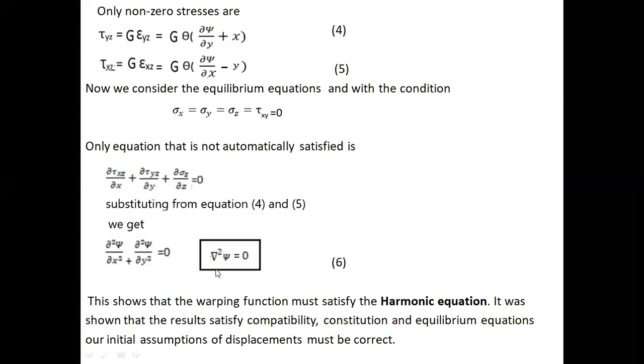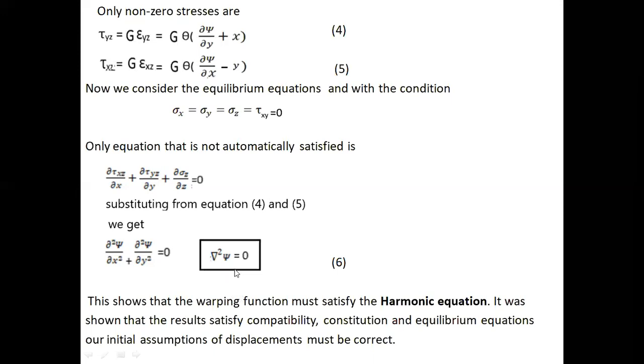This is the condition that must be satisfied for any torsional problem to take care of the warping. That's why we say that the warping function must satisfy this harmonic equation.